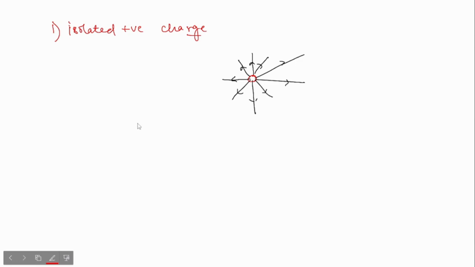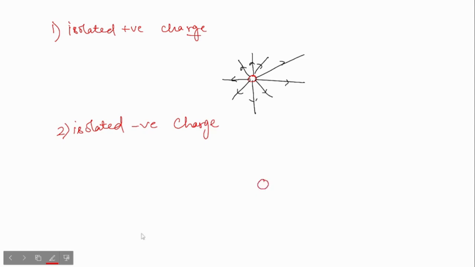Always remember that due to a positive charge, the electric field lines will be emerging from it. The second case is an isolated negative charge. These are the basic cases; I'll discuss later what happens when there is more than one charge.